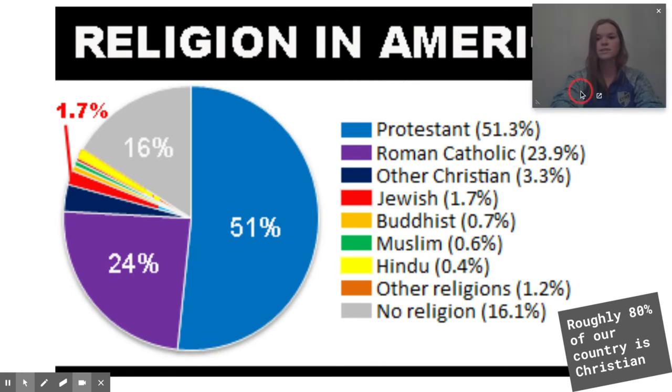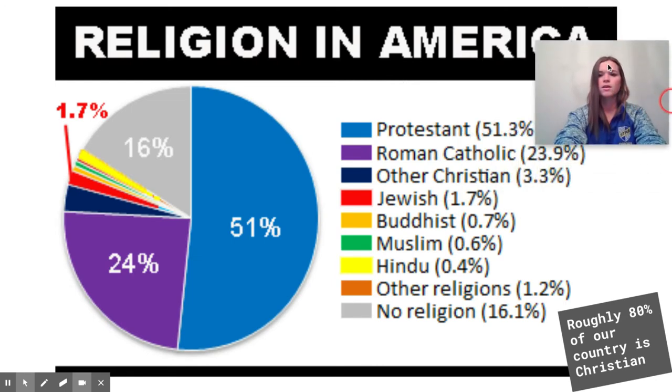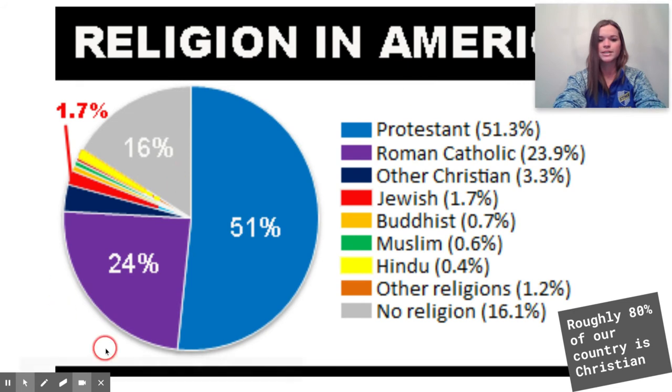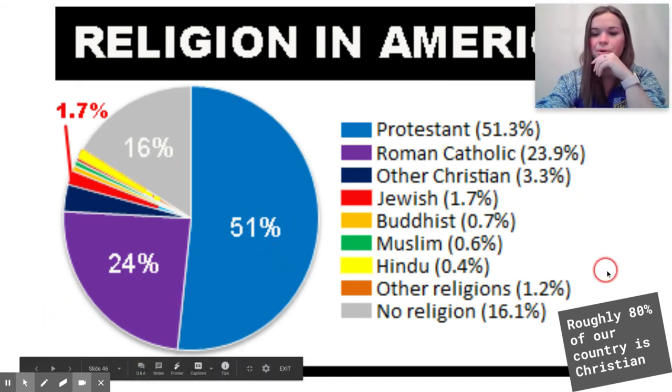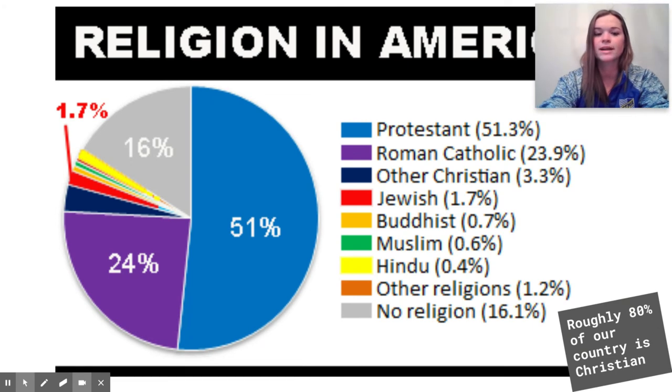All right, religion in America. We'll take a look here at this pie chart. It's broken down by colors. You can take a closer look on your own. But roughly 80% of our country identifies themselves as practicing some form of Christianity.